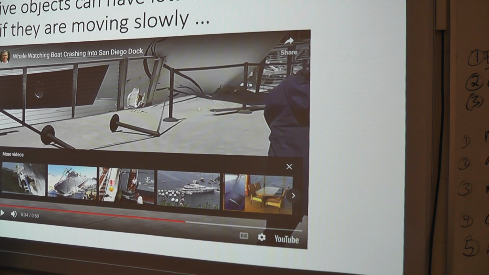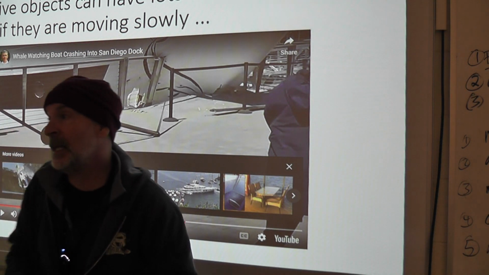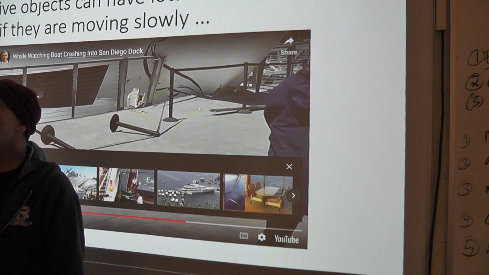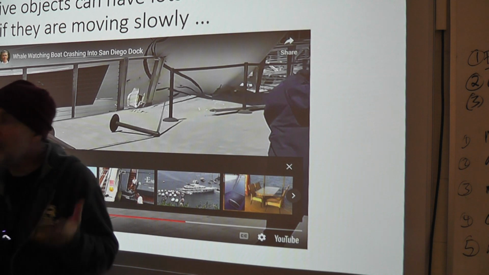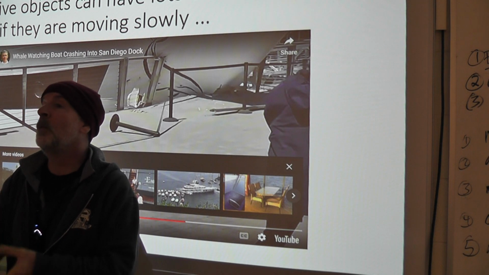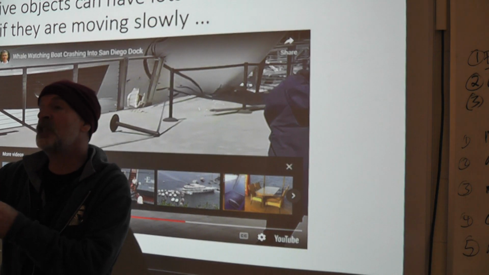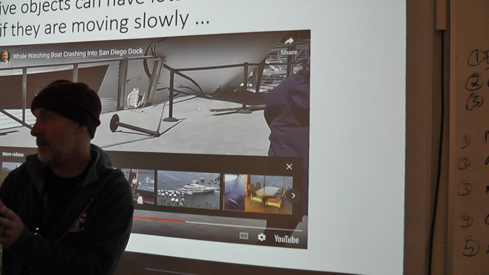And the scary thing is that literally thousands of injuries occur every year when people get their arms or legs or even bodies trapped in between a boat that's moving really slowly toward a dock and the dock itself. So there's a cautionary piece here, because we're so used to thinking, well, it's going slow, so it's no big deal. People get severely injured or even killed when really big things that are moving slowly pin them.